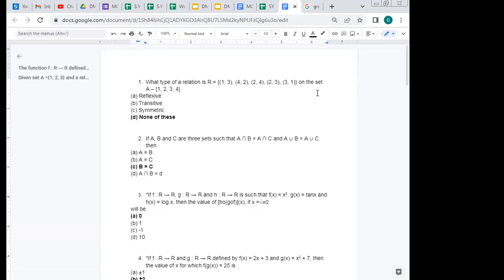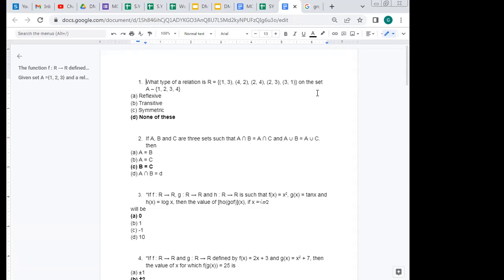But for all the items, it is not there. 1 to 3 is there, 3 to 1 is there, but (1,1) is not there. Then again, 4 to 2, 2 to 4 is there, but (4,4) is not there. 2 to 3, 3 to 1 is there, but (2,1) is not there. Okay, so transitive type of relation also it is not.